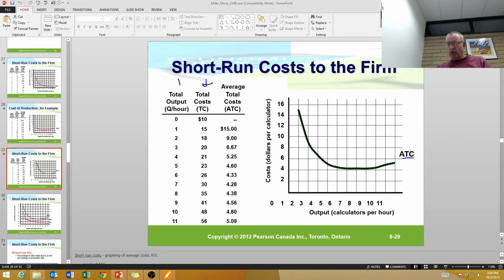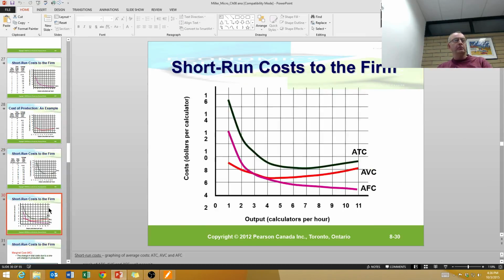Okay, so now we're going to plot all these three charts on the same graph, and then we're going to move on to the marginal cost curve. When we plot all three cost curves, these are the average costs per unit of output. Average fixed cost steadily declines.